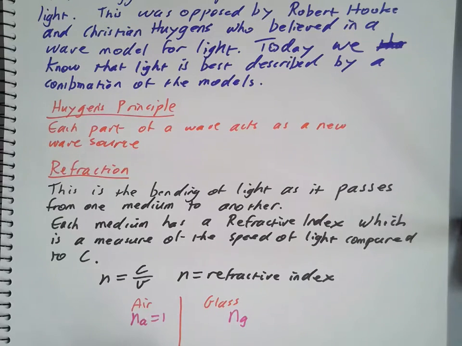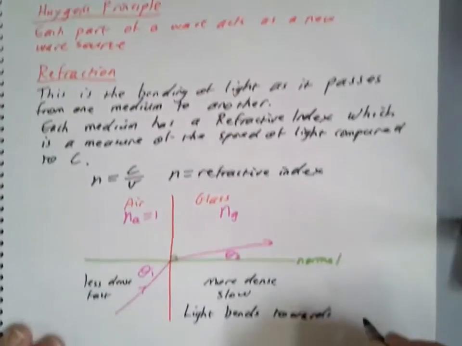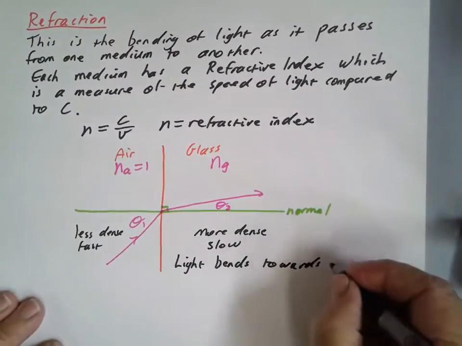Now in terms of mediums, less dense, more dense, fast, slow. So because we're going from less to more, light bends towards the normal. I'll get my diagram on the screen.